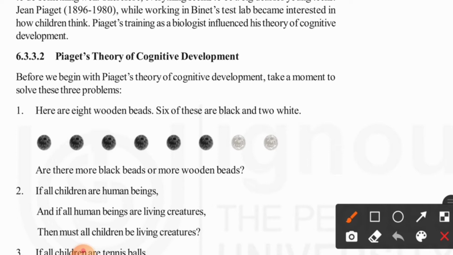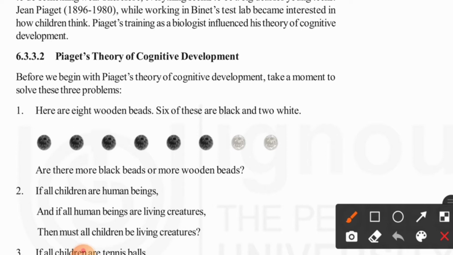But before we go ahead, I want to tell you what topics we are going to discuss today. Under Piaget's theory of cognitive development, we will discuss the sensory motor stage, the pre-operational stage, the concrete operational stage, and the last stage, the formal operational stage.